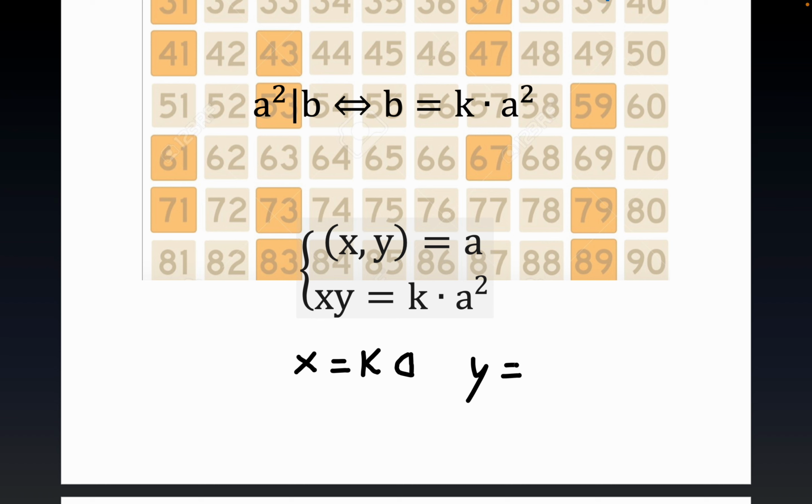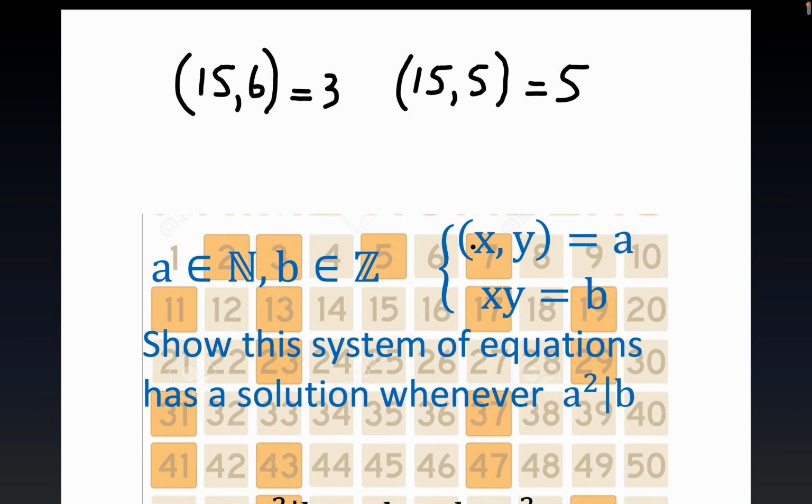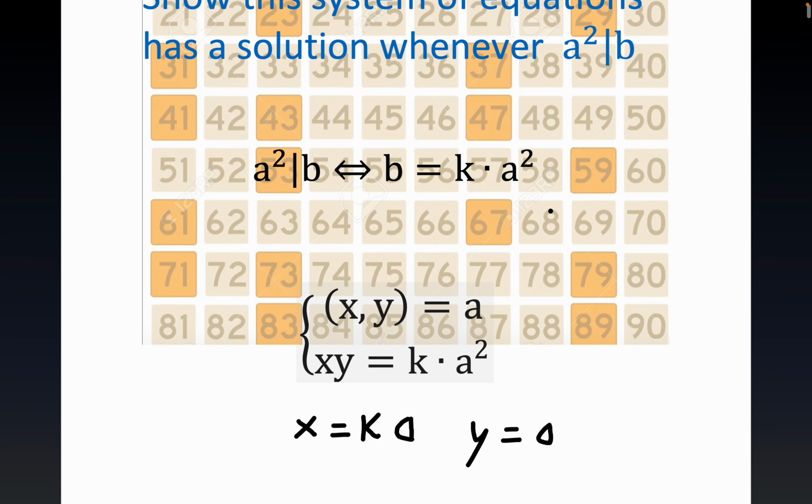Okay, and so it's very clear that if you put ka right here and a right there, the GCD will be a, in a fashion similar to how the GCD of 15 and 5 is 5 itself. Very same thing right here. If we take x to be ka, and y to be a, we satisfy this GCD condition, and also trivially we satisfy this condition.